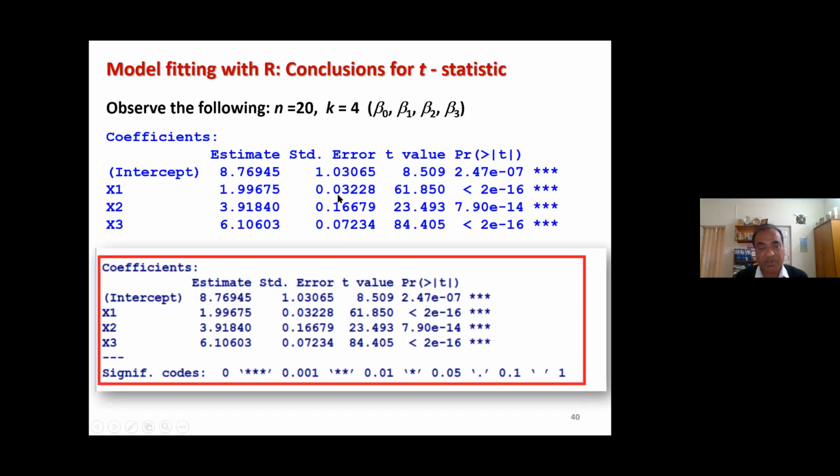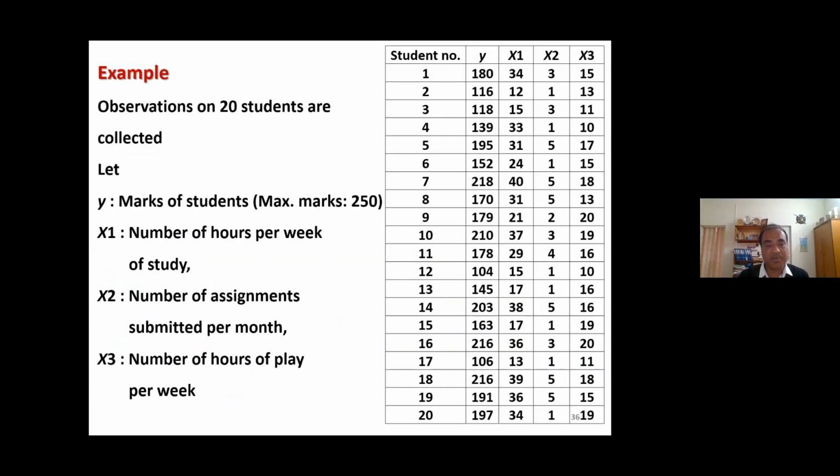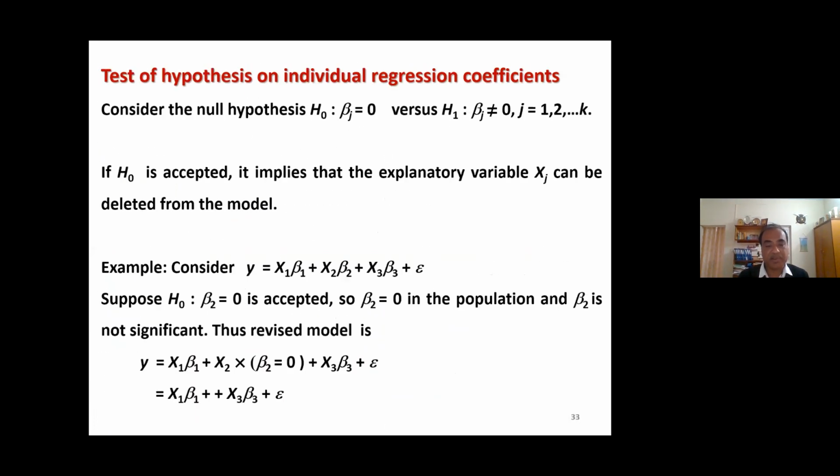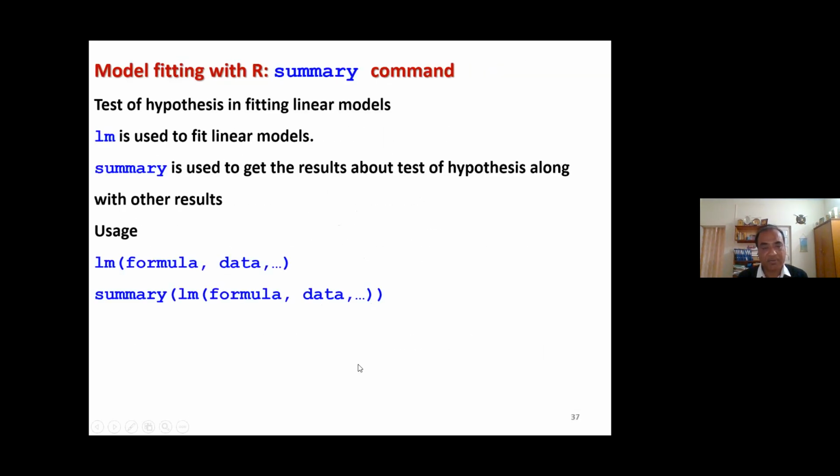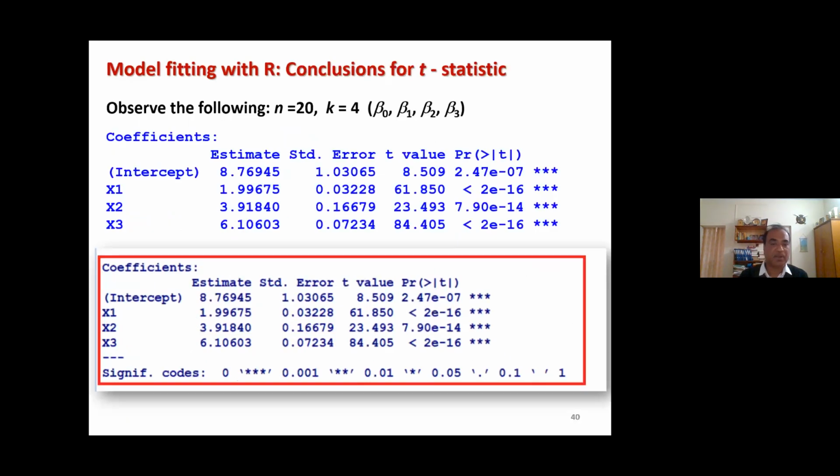The next value 0.03 is the standard error of the estimate of beta 1, that is the standard error of B1, and similarly the third value 0.16 is the standard error of B2, and the last value is the standard error of B3. Now if you try to see how these standard errors are coming, they are coming from this expression, on the fourth term, that you find the covariance matrix and consider their diagonal terms, right?